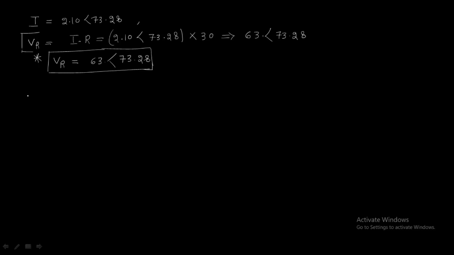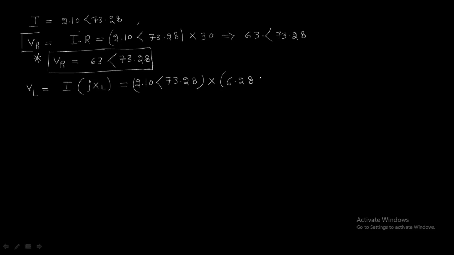Next, the voltage drop across the inductor means current into jXL. The current is already mentioned here, 2.10 at an angle of 73.28, into jXL. The XL value is 6.28.